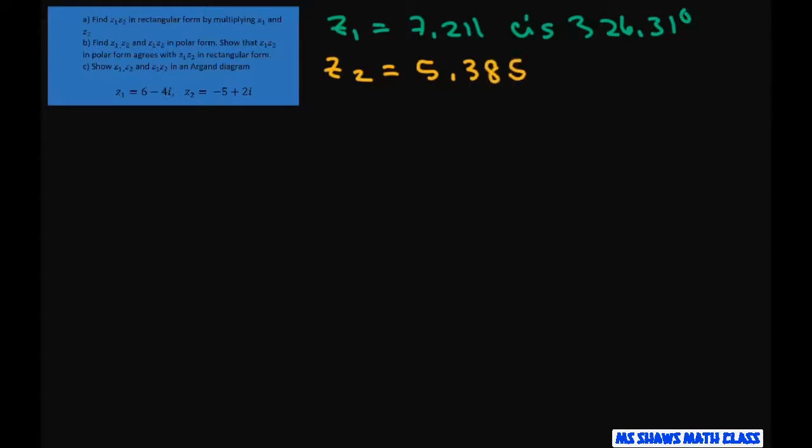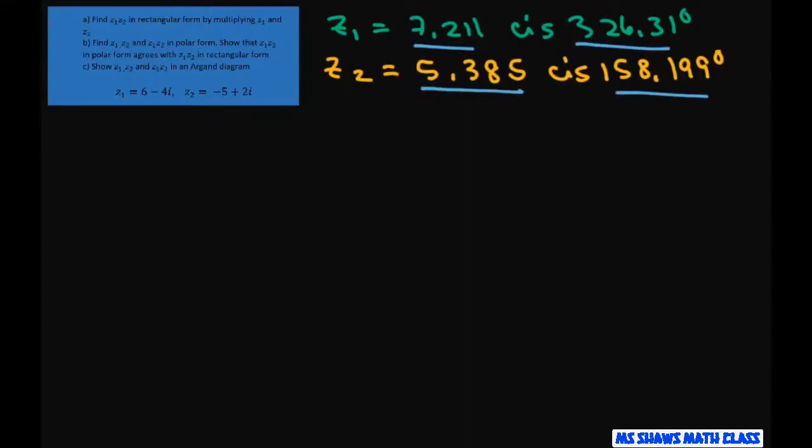Our Z1 was 7.211 cis of 326.31 degrees, and Z2 equals 5.385 cis of 158.199 degrees. Now, to multiply these two, you just multiply the two numbers and add your angles.